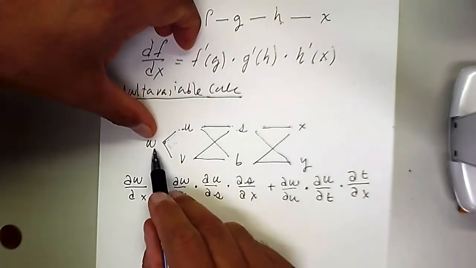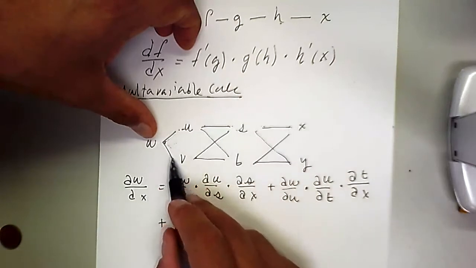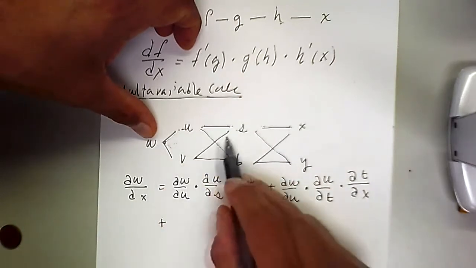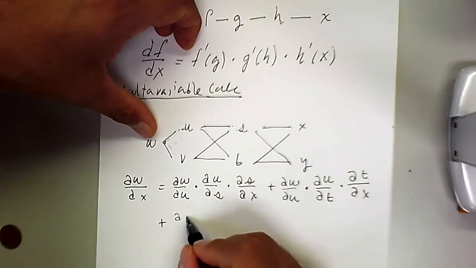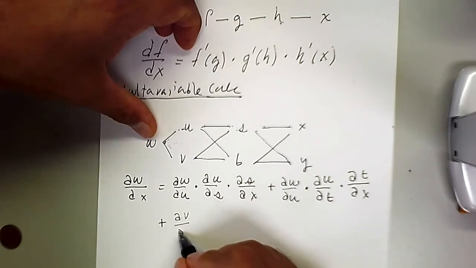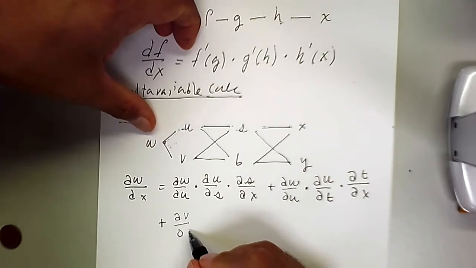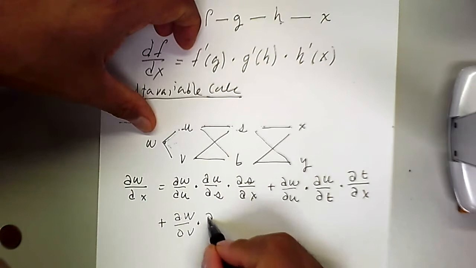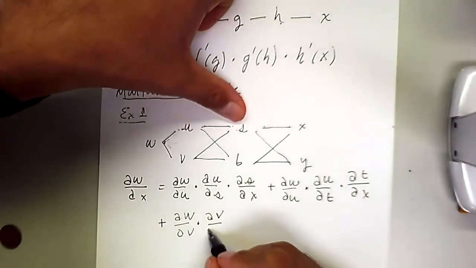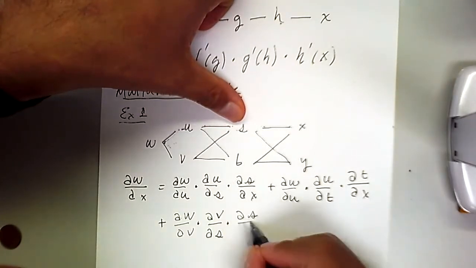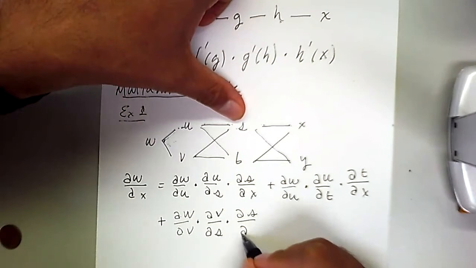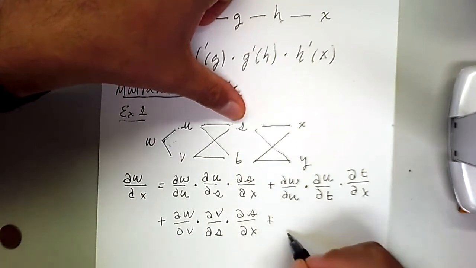We could go to X via V. We can go V, S, X. So we're going to add the partial of W with respect to V times partial of V with respect to S multiplied with partial of S with respect to X. And then there's one more path.